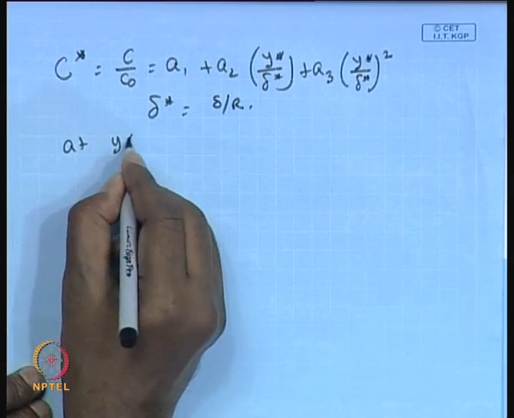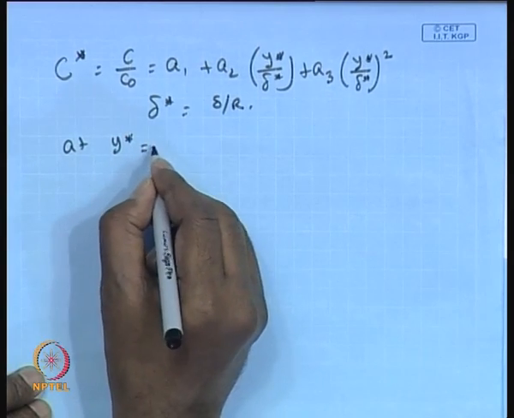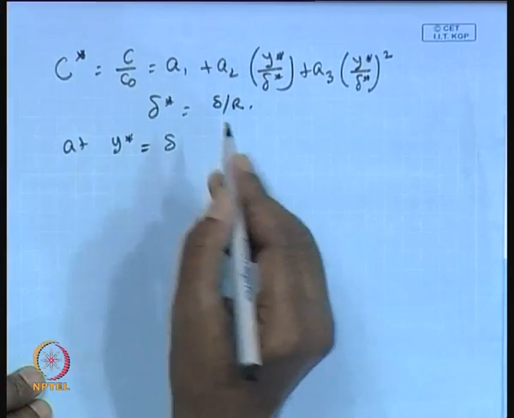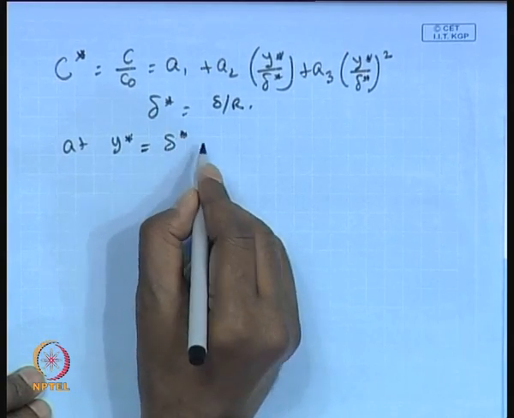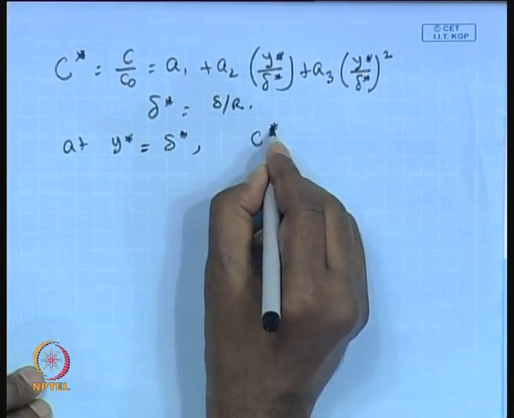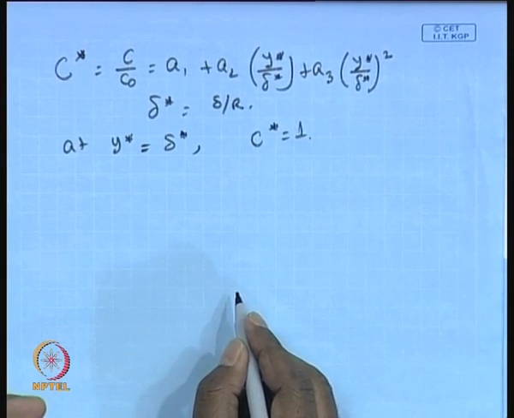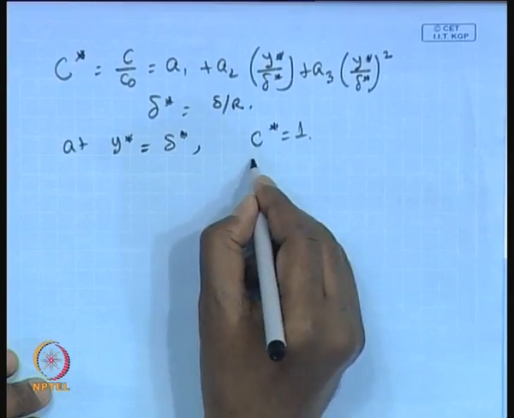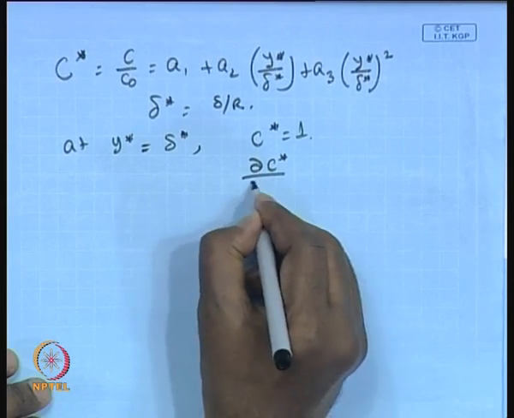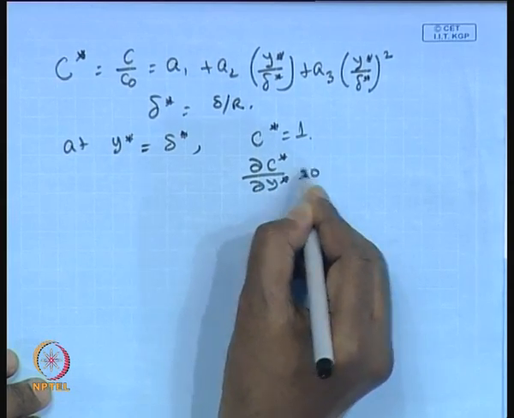Now, the boundary conditions this concentration profile must satisfy are, at y star equal to delta star, C star is equal to 1. So, that is the definition, right. At the edge of the boundary layer, the concentration is 99% of the free stream concentration. At the same time, another boundary condition must be satisfied at the edge of the boundary layer, that is del C star del y star must be equal to 0.